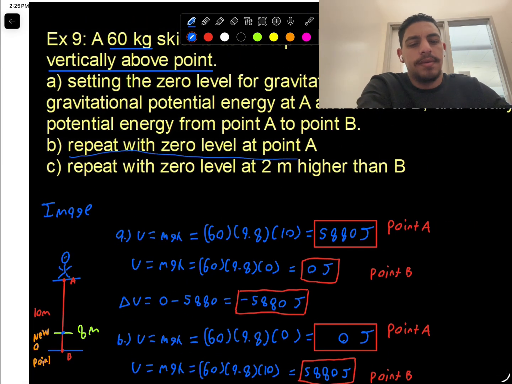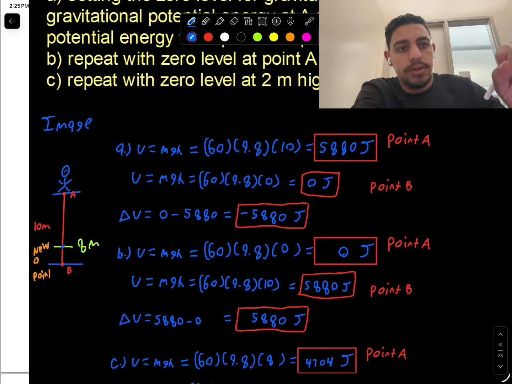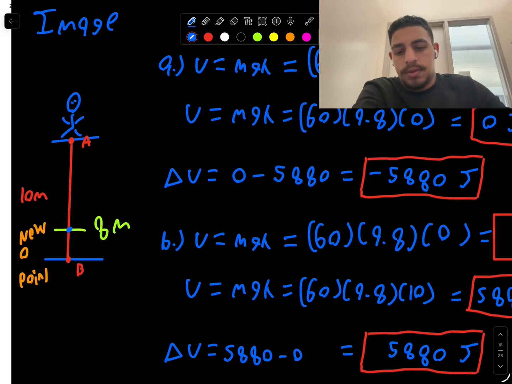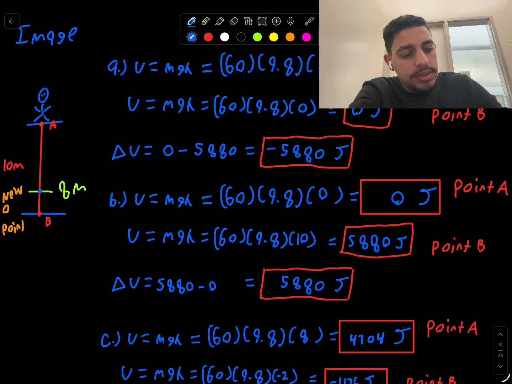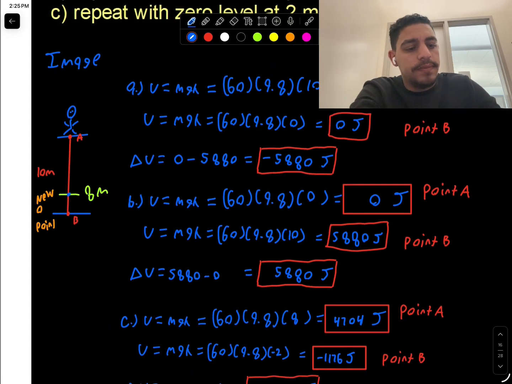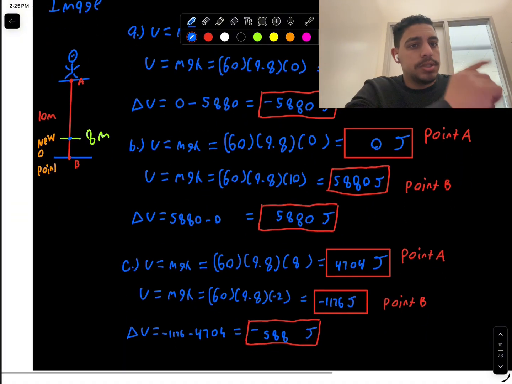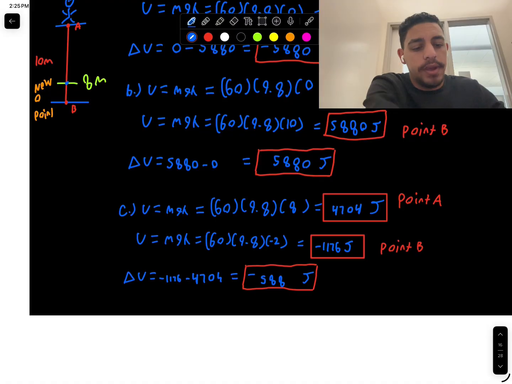And so why is that? Because it said, repeat with 0 level at point A. So now point A is our 0 point, right? So if point A is our 0 point, then we have to plug in 0 for distance over here. So it's basically these A and B are just opposites of each other, right?